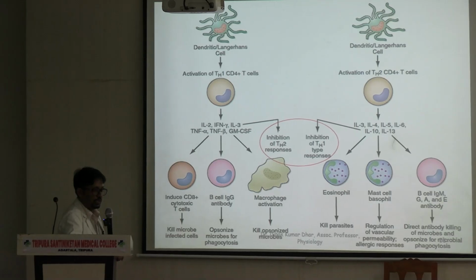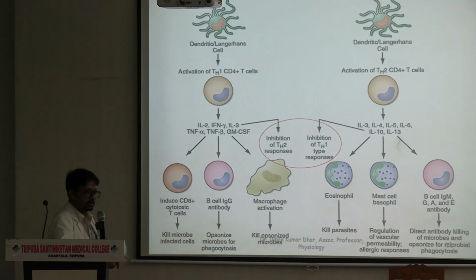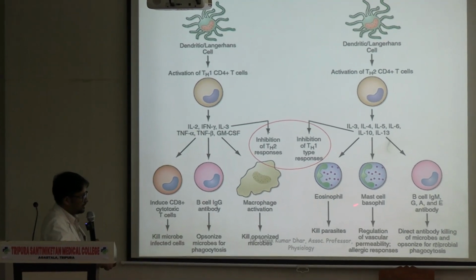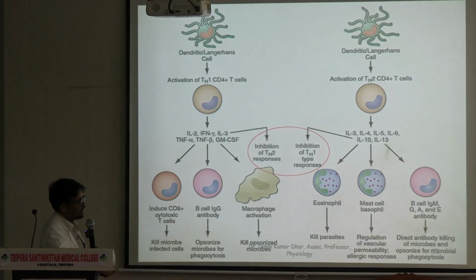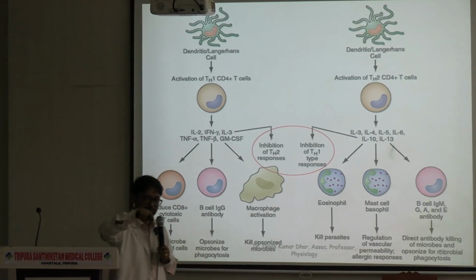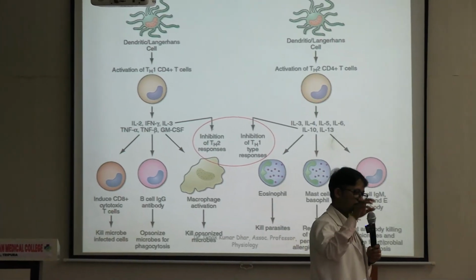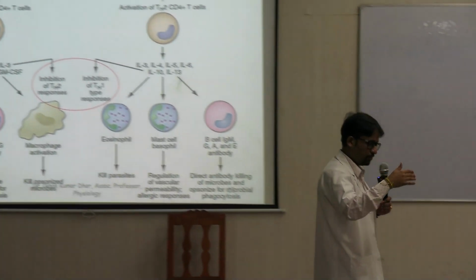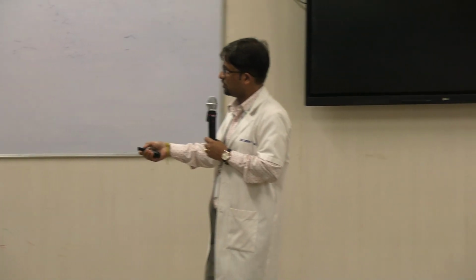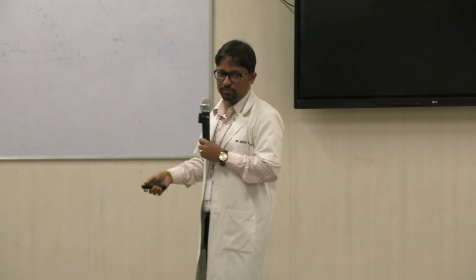And along with that, it will activate eosinophils and mast cells. So if you go back to your chapter on hematopoiesis, when it is being formed in the bone marrow, from the development of the WBCs, you will come across these same interleukins, 3, 4, 5, which are helping the activity of the eosinophil series, basophil series. These are the same, right?